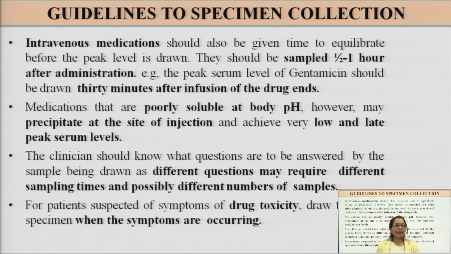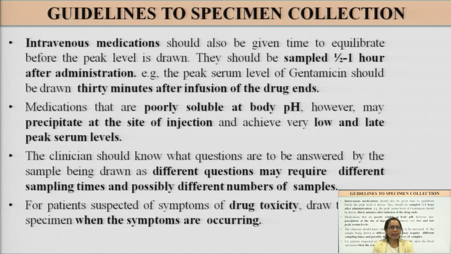Other guidelines: intravenous medications should also be given time to equilibrate before the peak level is drawn, right. Medications that are poorly soluble at body pH may precipitate at the site of injection and achieve very low and late peak serum levels.